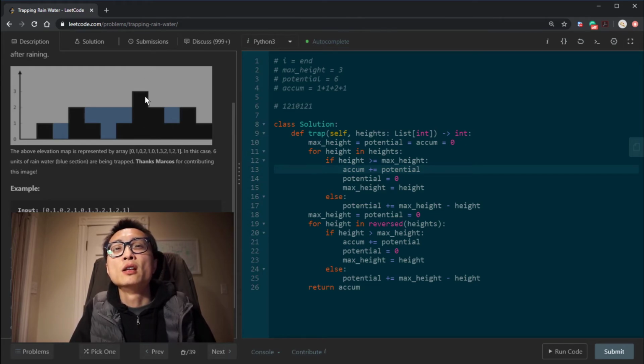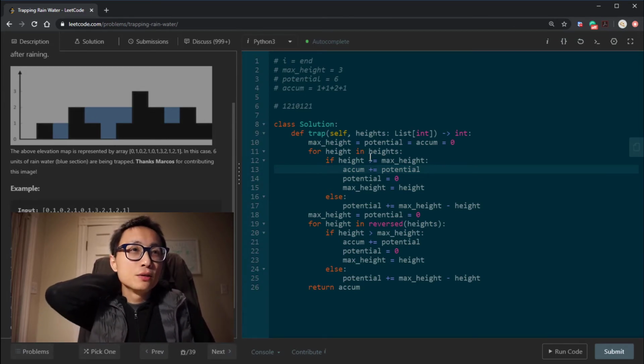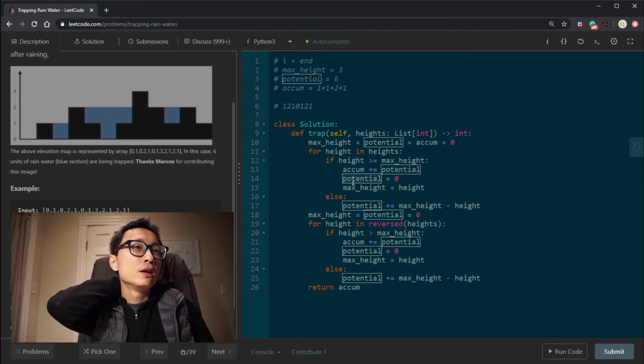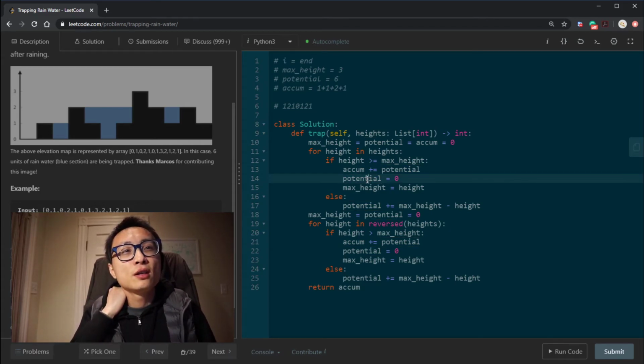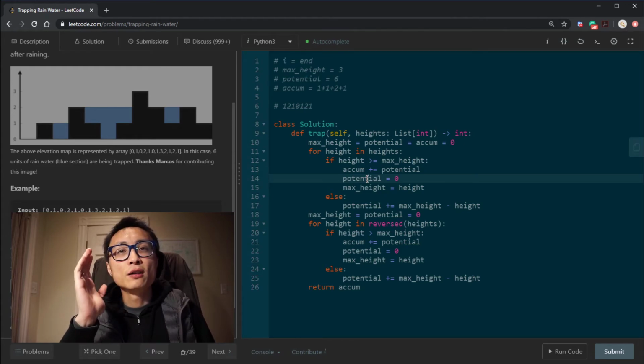Then when the left and right meet in the middle, that's when we have pretty much accounted for all the water that can be trapped inside this graph. So it's really to get rid of this potential here. The reason this potential is in the two-pass algorithm is that when we're just looking from left to right, we don't know if the right-hand side has something that's higher.